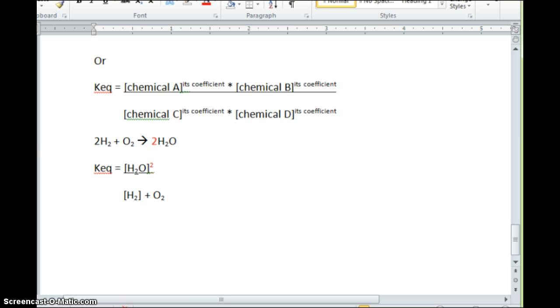And then we're going to multiply. You can put the multiplication sign. You do not have to, but you can. And then we'll have the concentration of both. Now, which one of those two gets an exponent? Well, there's a 2 right there, and because there's a 2 right there, it's going to have an exponent of 2.